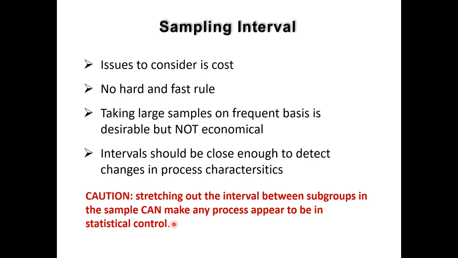Meaning to say, if you have too long a sampling interval, you might miss the presence of assignable causes. Maybe 1 hour is too long, or even half an hour is still too long. Maybe you need to reduce the sampling interval, depending on the nature of your production.